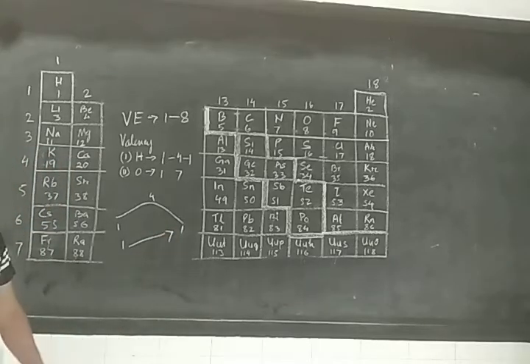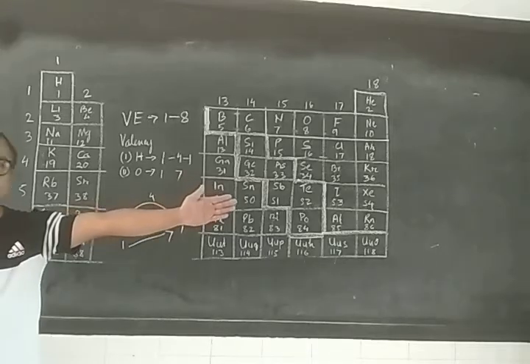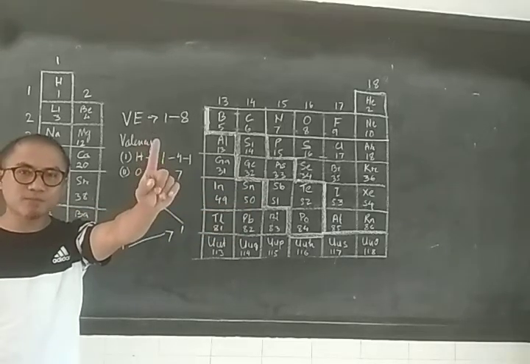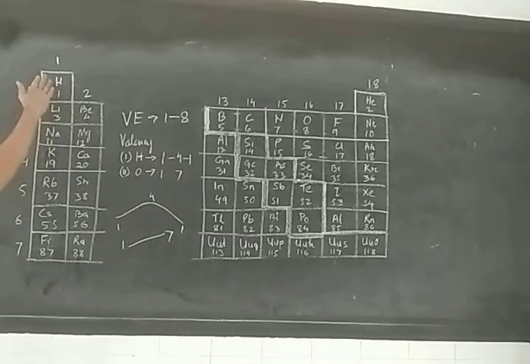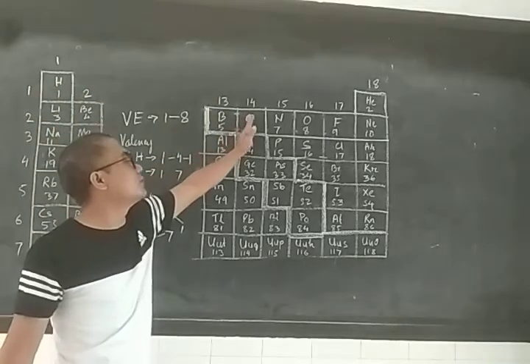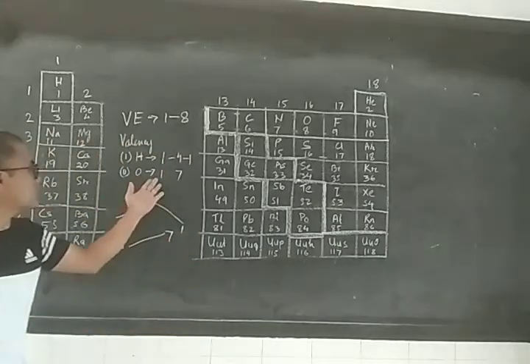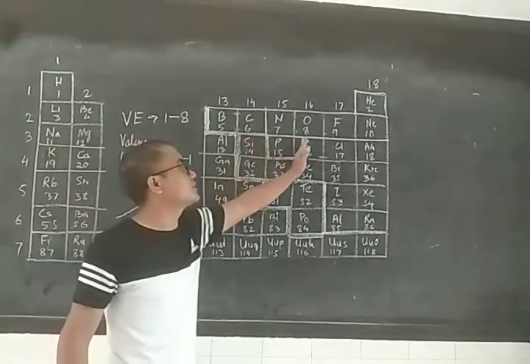I hope that's clear. Once again, regarding valency, as we move from left to right: with hydrogen, 1, 2, 3, 4, 3, 2, 1, and with respect to oxygen, 1, 2, 3, 4, 5, 6, 7.